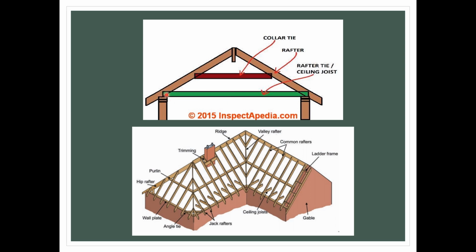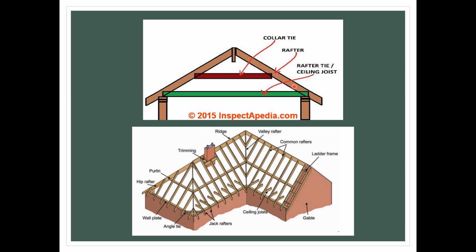Normally the component that connects from wall to wall, we call it ceiling joist or rafter tie. And the one that has slope, to shape the building here, we call it rafter.